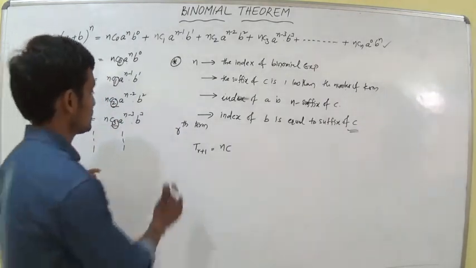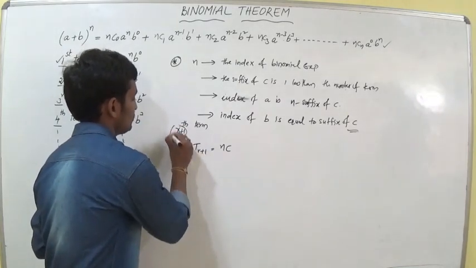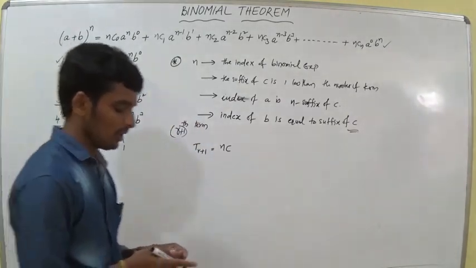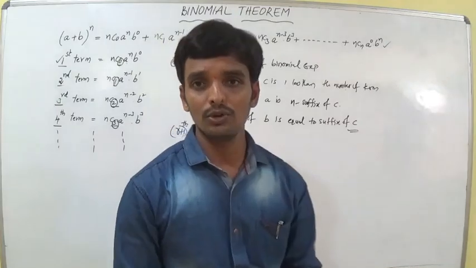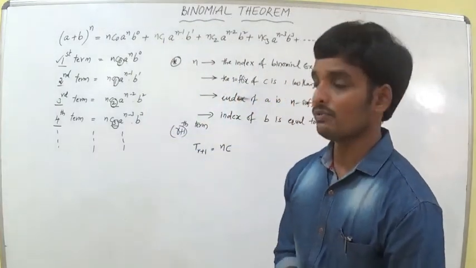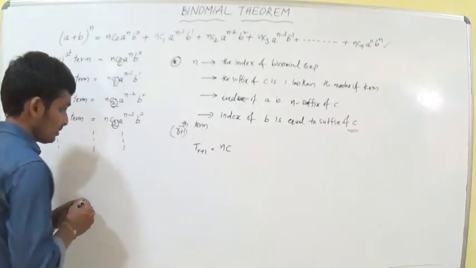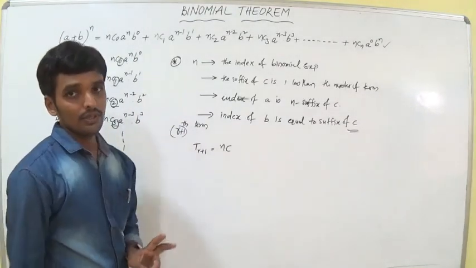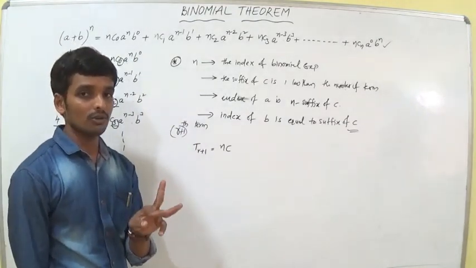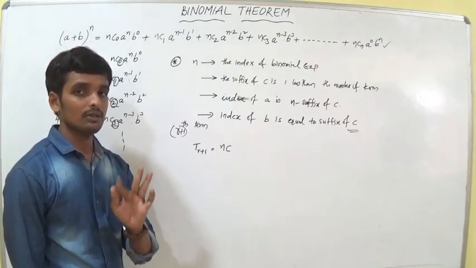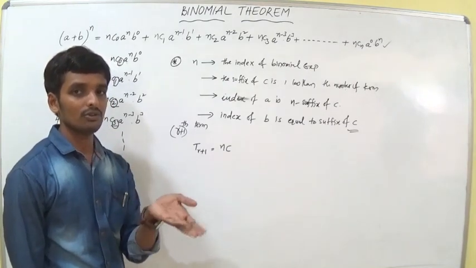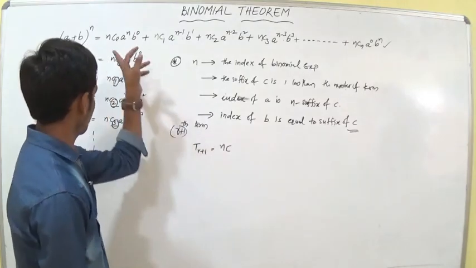So we are discussing the r plus 1th term. Now we have no doubts. So the r plus 1th term is equal to r plus 1. If r is equal to 0, it is T1. If r is equal to 1, it is the second term. If r is equal to 3, the fourth term. If r is equal to 20, the 21st term.